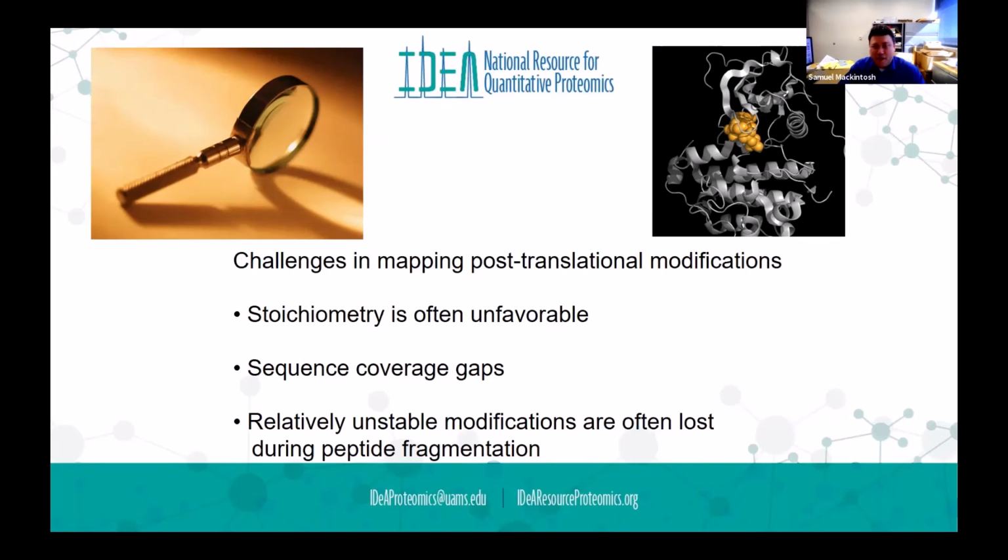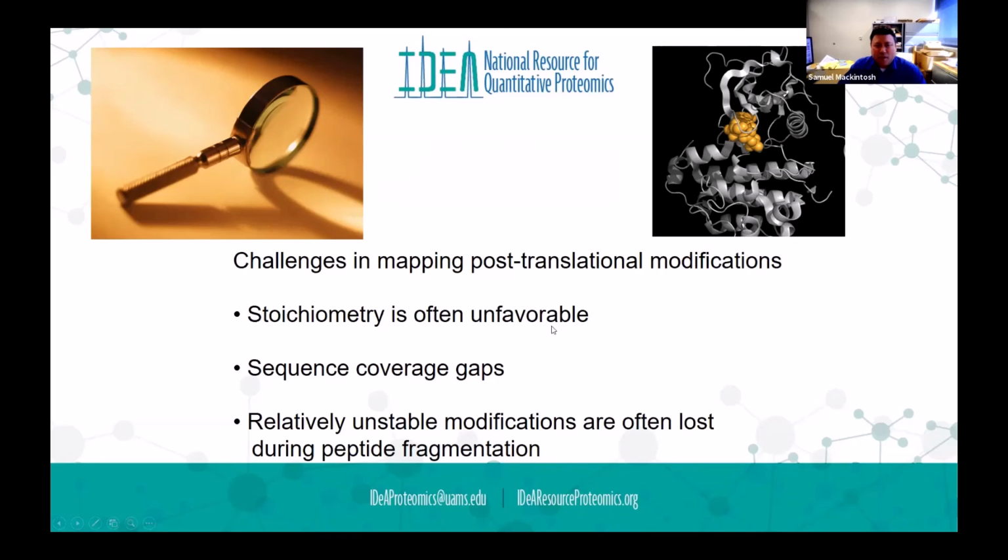So we can just build that into the model. We just tell the database search algorithm to look for that mass modification every time it sees a serine, tyrosine, threonine. But the problems are more related to the sample, to the problem we're trying to solve.